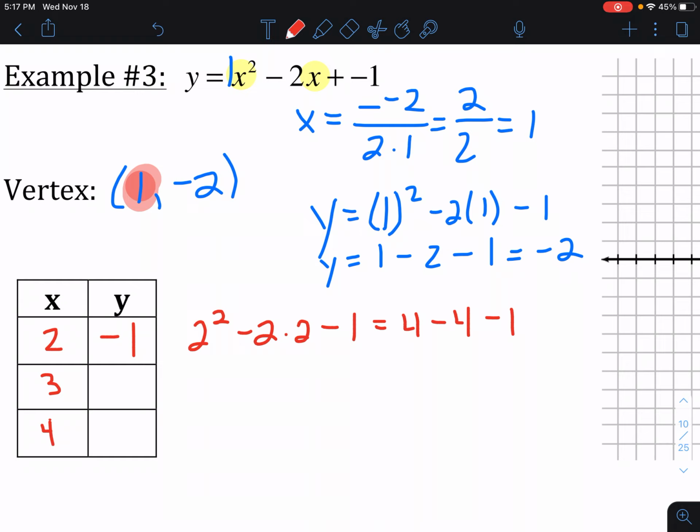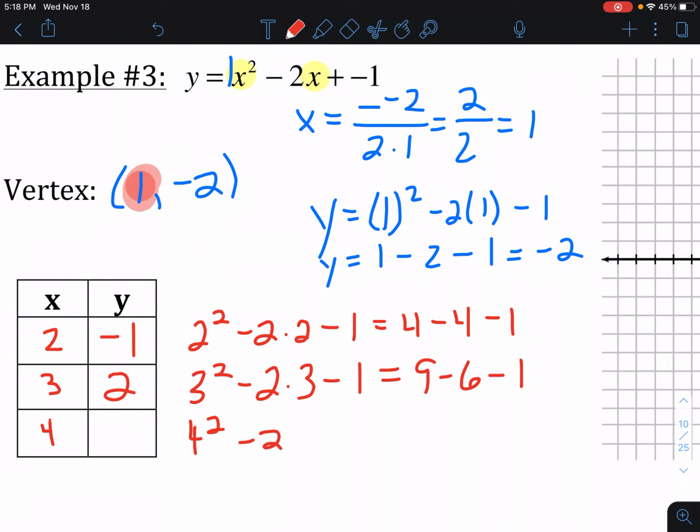That'll be negative 1. That'll be 2. And that'll be 7.